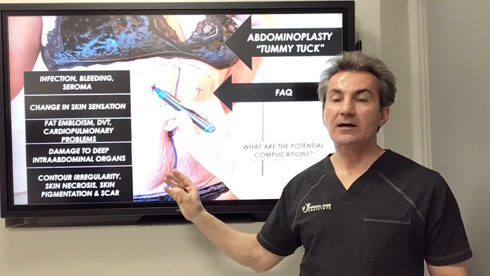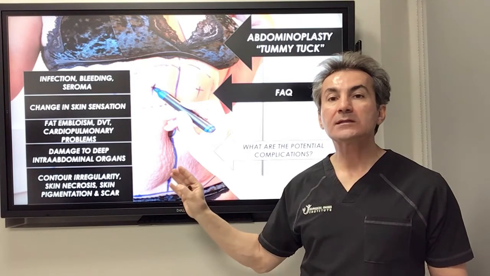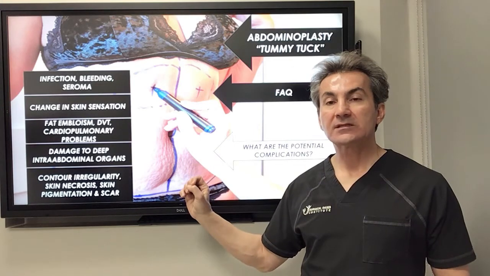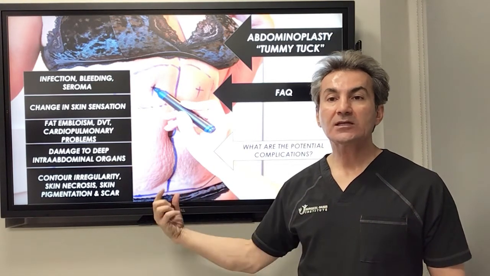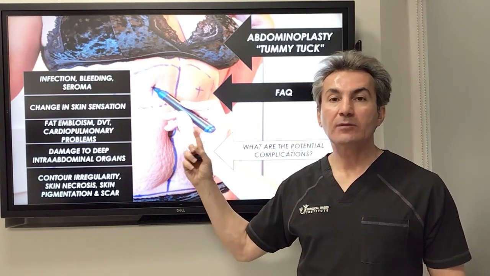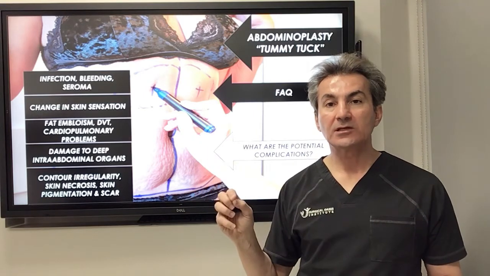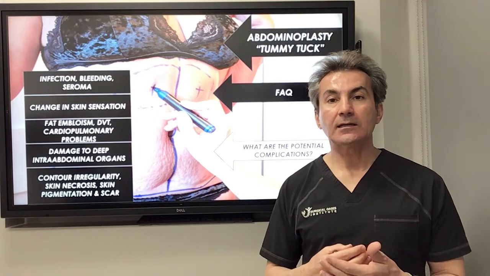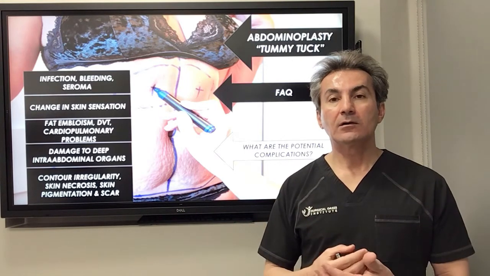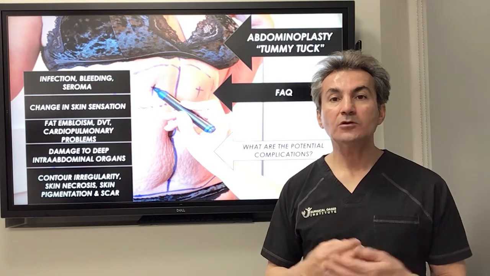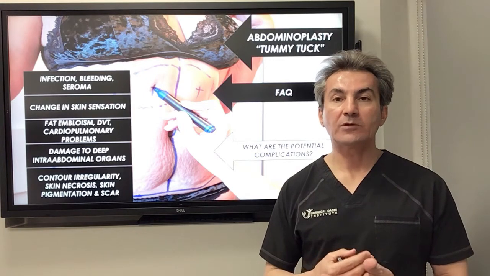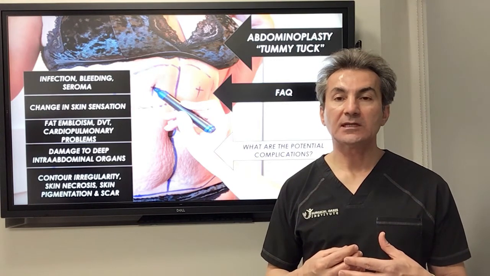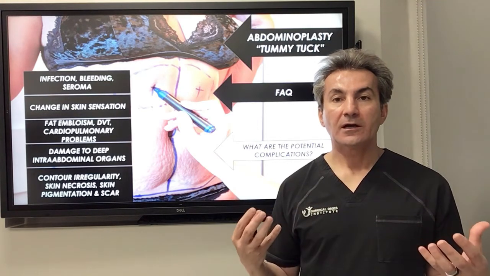We fix the abdominal wall muscle and tighten the muscle, and just bring the skin slightly and cut the extra skin, and reconnect the belly button in a little lower position, but a more aesthetically acceptable location.